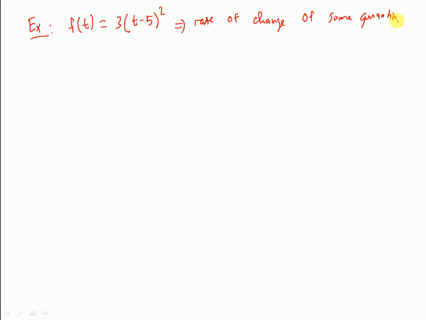Now, considering that I have the function f of t equals 3 times (t minus 5) squared. Now, this represents the rate of change of some quantity, so the rate of change of something, okay?